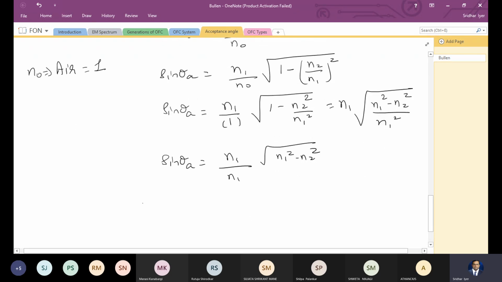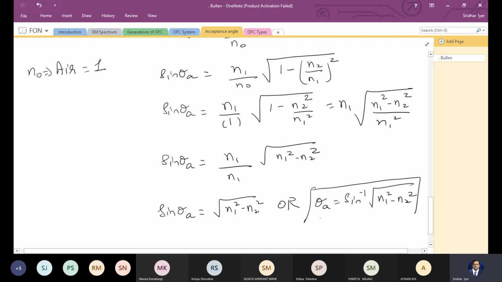So finally we have our equation with us that sine theta a, or the acceptance angle in the form of the sine function, will be root of n1 square minus n2 square, or theta a is sine inverse root of n1 square minus n2 square. This is an important equation for us. It will help us in solving the numericals here.